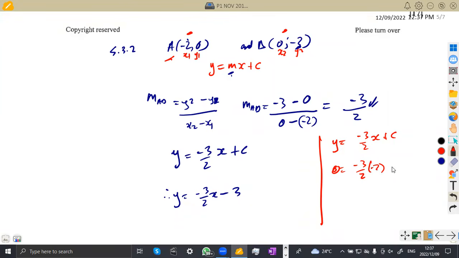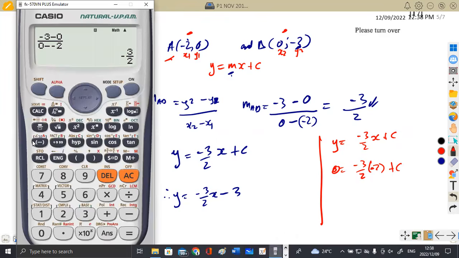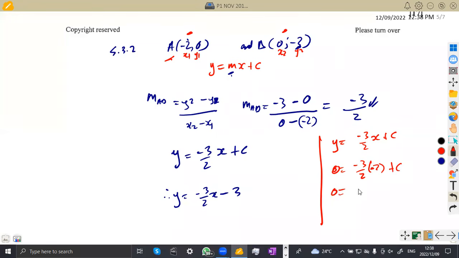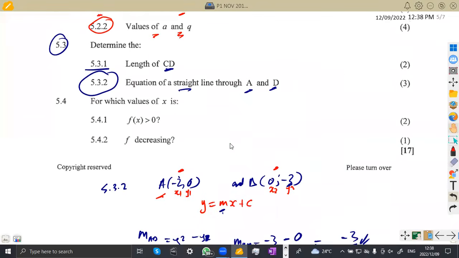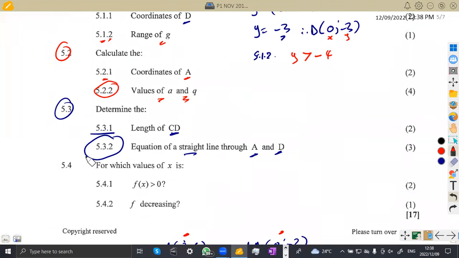So it's going to be negative 3 over 2 times negative 2 plus c, which is going to be positive 3. So 0 is equal to 3 plus c. So to find c, transpose 3 to the other side, which will be negative. So as you can see, we are obtaining the same value for c, which is negative 3, as the one that we had on the y-intercept. So that's the equation of line AD, which passes through the points A and D.